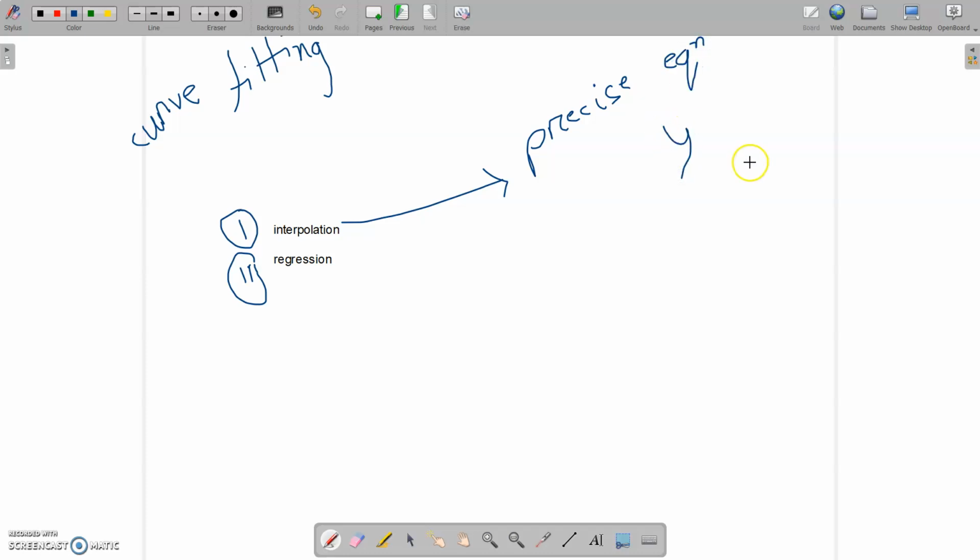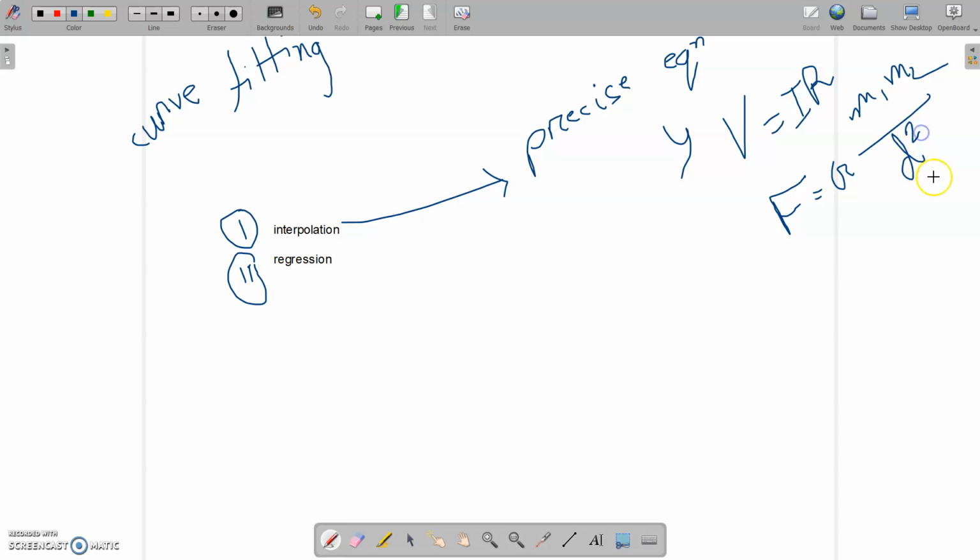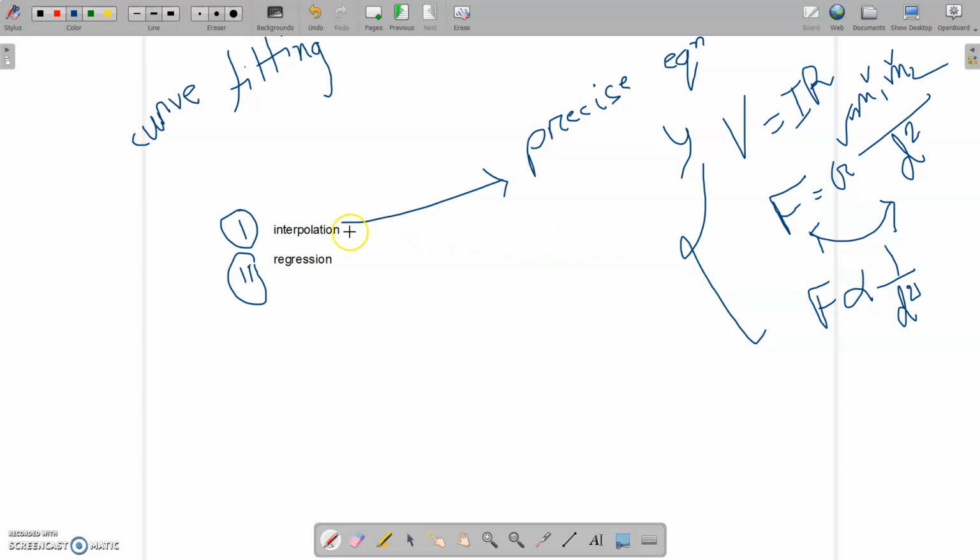For example, V equals IR, or F equals G m1 m2 over d squared, because these things are fixed and only d is not fixed. So F is proportional to 1 divided by d squared. The curve should be an exact curve, because all of these three are fixed values. When you have an exact curve from mathematical equations, then we perform interpolation.